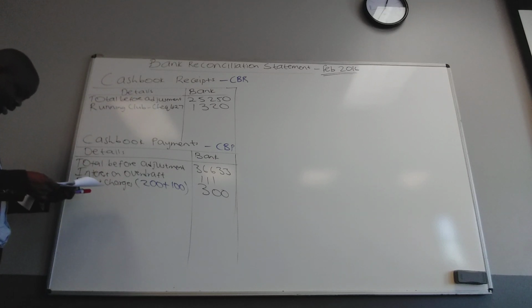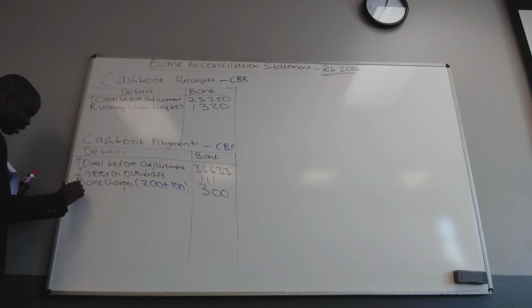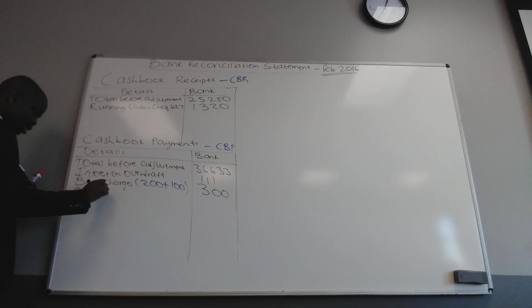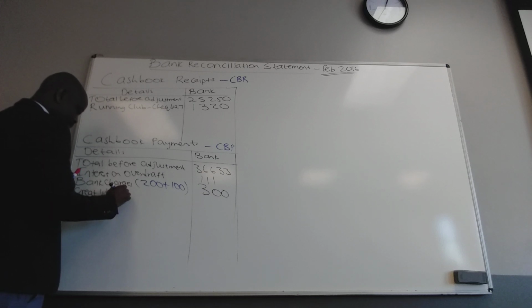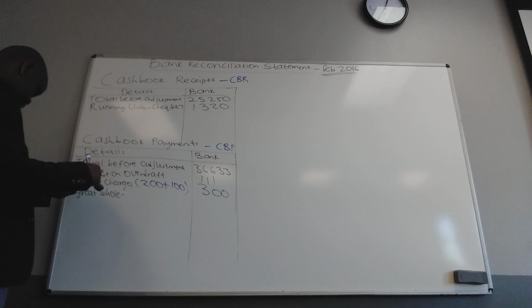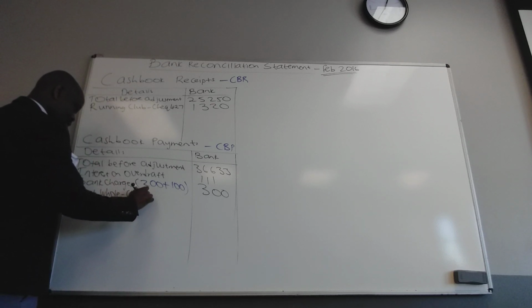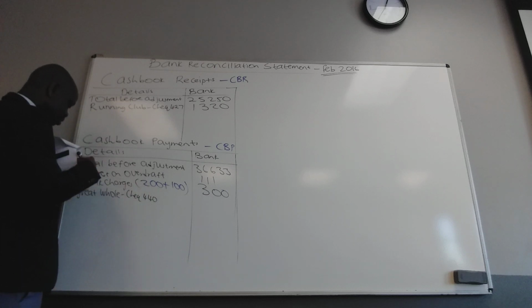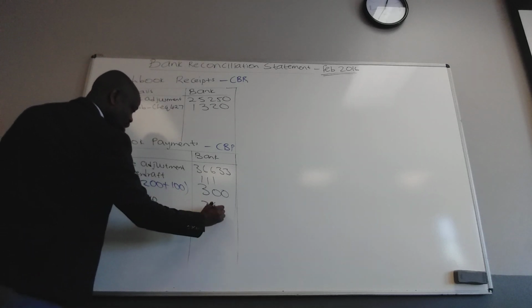Do you know the name of the creditor? Yes, great. You can even write correction of error. Wholesalers. That was check number 440. Remember, we only need the difference. 360. Yes.